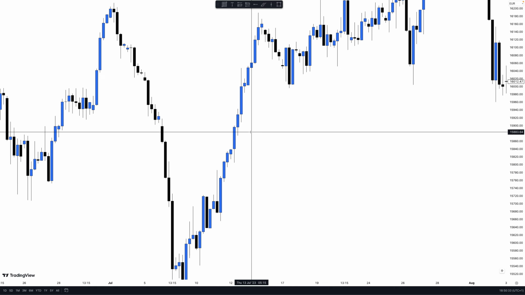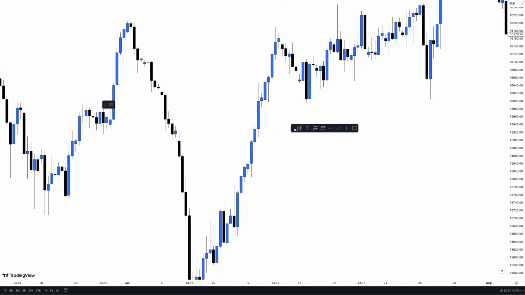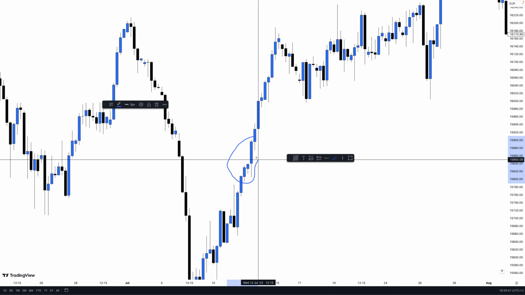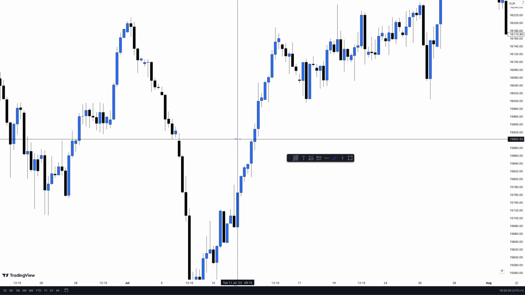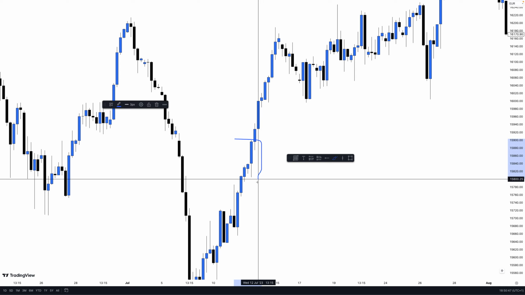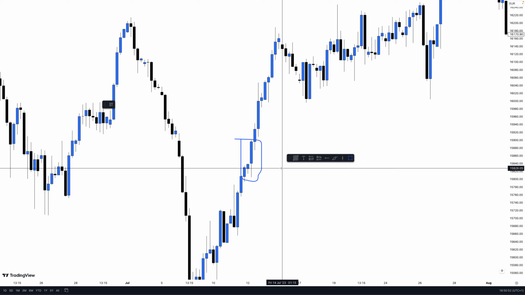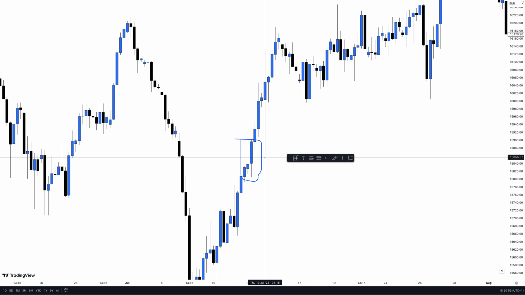Perfect. We'll do it one more time, purely focusing on within this area. These 3 candles here. Let me just do this. Perfect. So again, no, sorry, I just messed up.